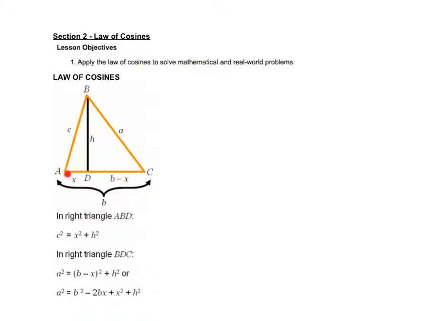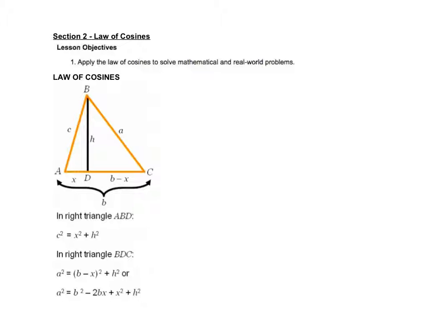And we made this length here x. Since the whole length is b, the remaining value over here is b minus x. If I take the whole length and subtract off x, that leaves me with this.